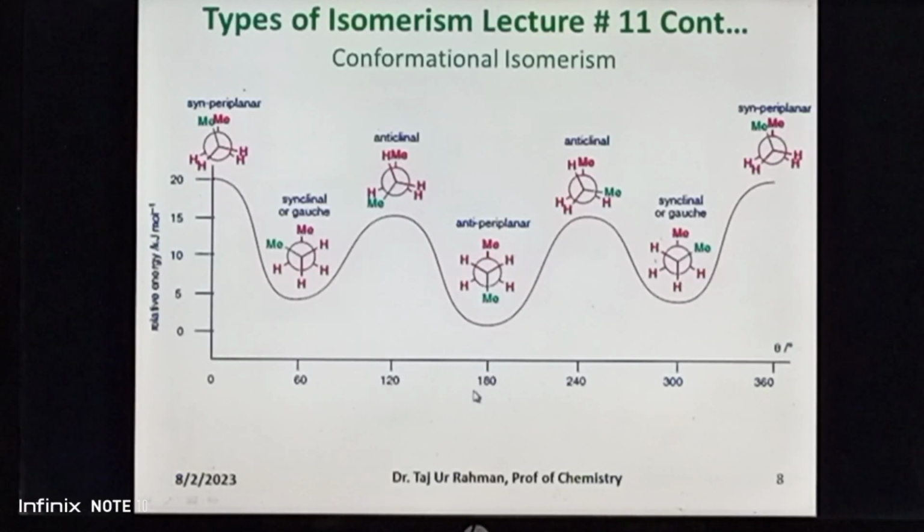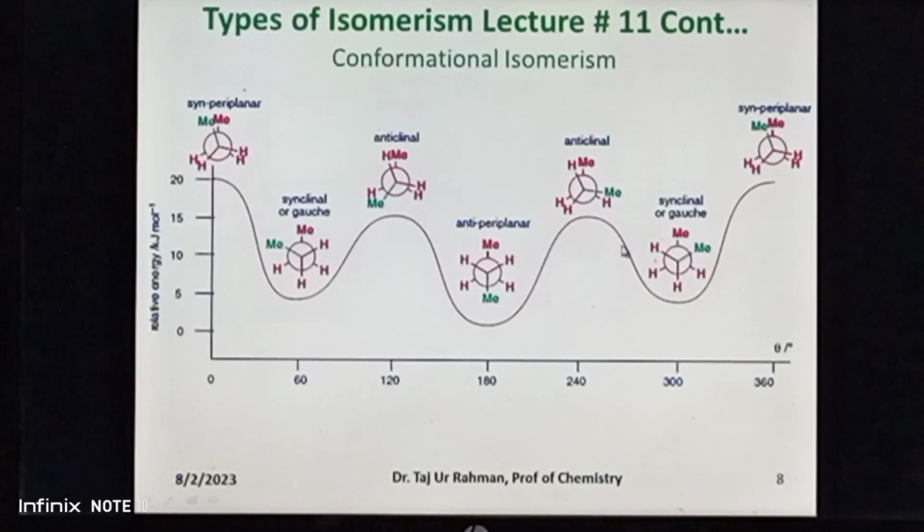Now onward from 180 degree to 360 degree, if the rotation of one part of the butane molecule with respect to the other part around the middle carbon, that is carbon number 2 and 3, continues, we can observe the repetition of these conformers.